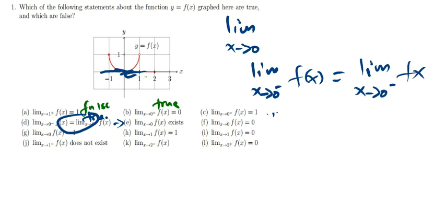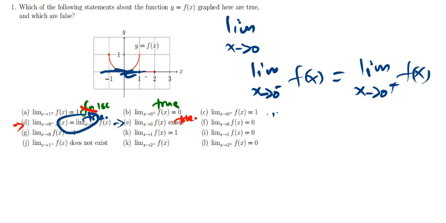So if this is equal to that, then the limit exists. We can clearly see that part d is true, because from the left and right they're the same, then the limit exists. So this is true.